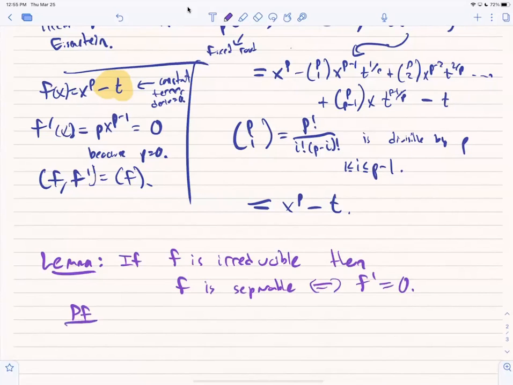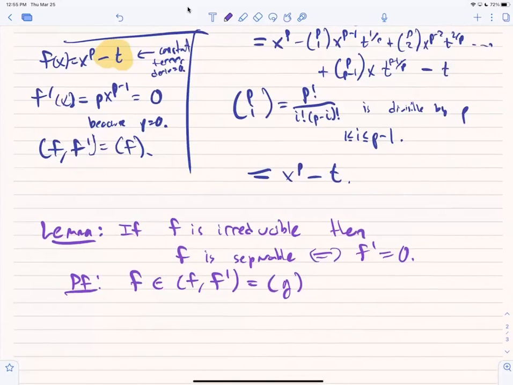And the proof: f is contained in the ideal generated by f and f prime, which is generated by some element, I'll call it g. And f prime is equal to g times h for some h.